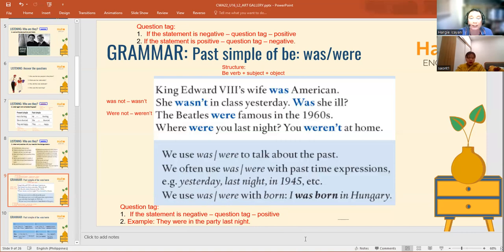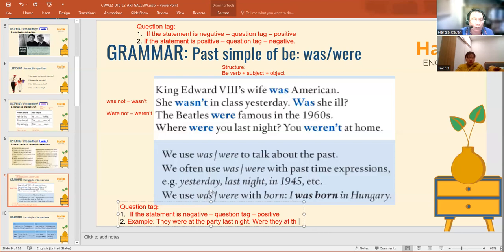Where were they last night? Okay, it should be at. So they were at the party last night. So the question tag that we are going to use would be where were they at the party?